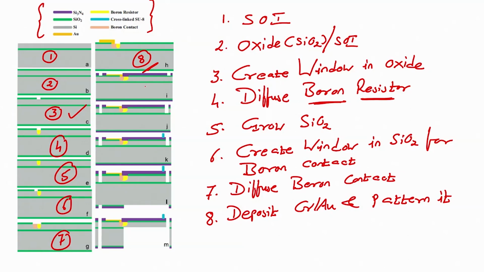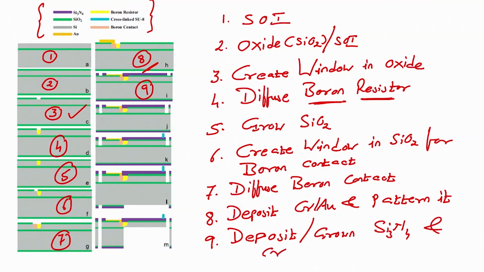Next is the ninth step. Ninth step, as you can see, we have deposited or grown silicon nitride and created a window.